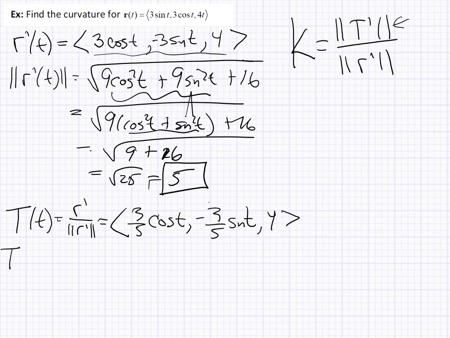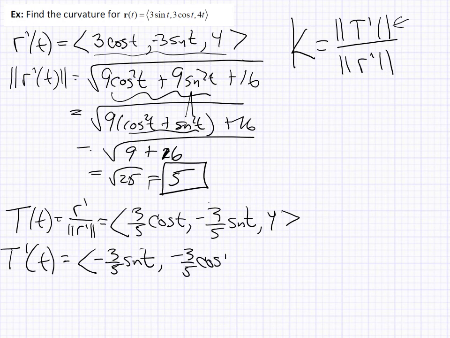And then we have to find T prime, which would be negative 3/5 sine t, negative 3/5 cosine t, and 0. That would be the derivative.